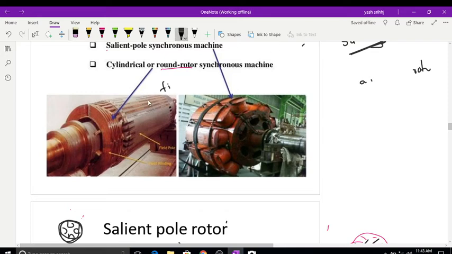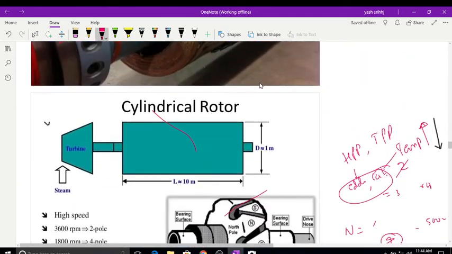Here the air gap is uniform, because there is a very small gap, only for ventilation purposes. But here in the salient pole rotor, separate gaps are provided. That's why the air gap is not uniform, because here less air is there and here more air. So that is the important point.